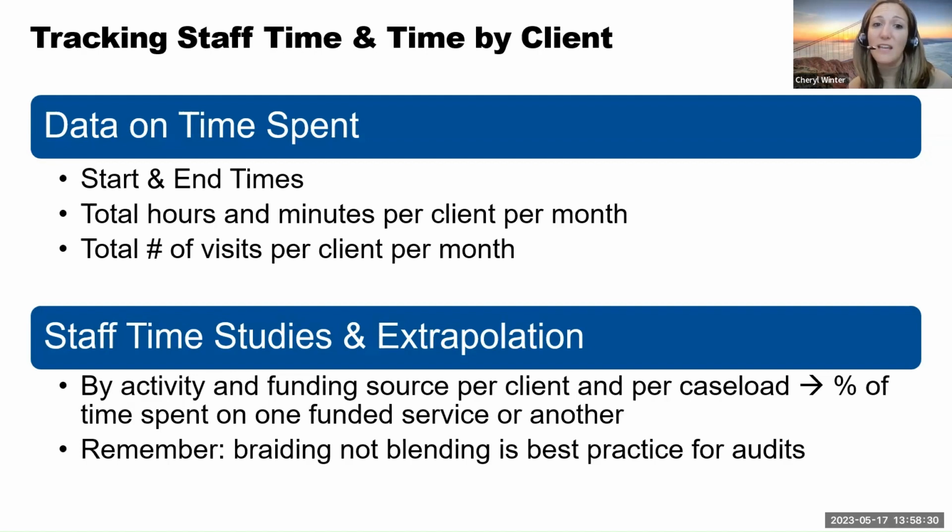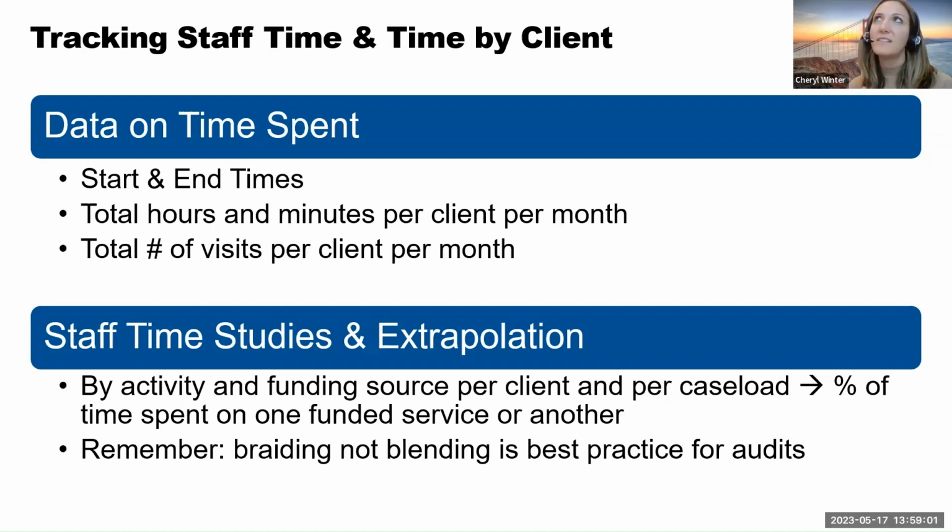That'll help you to then estimate and extrapolate so that you can say, 30% of this program's expenses are going to be covered by this funding source. And then other 25% is going to be covered by grants because that is their administrative time and their documentation time. And then the remainder is covered by managed care plan reimbursement for all the services that they are contracted to provide.